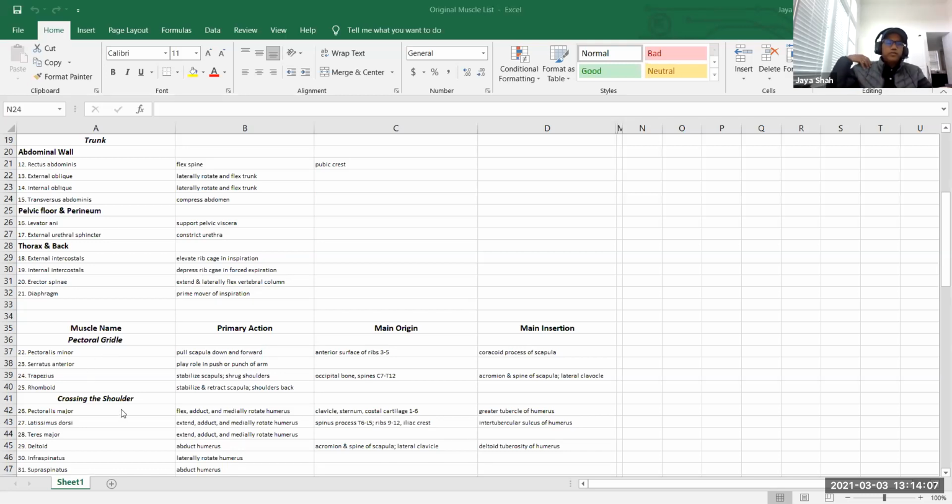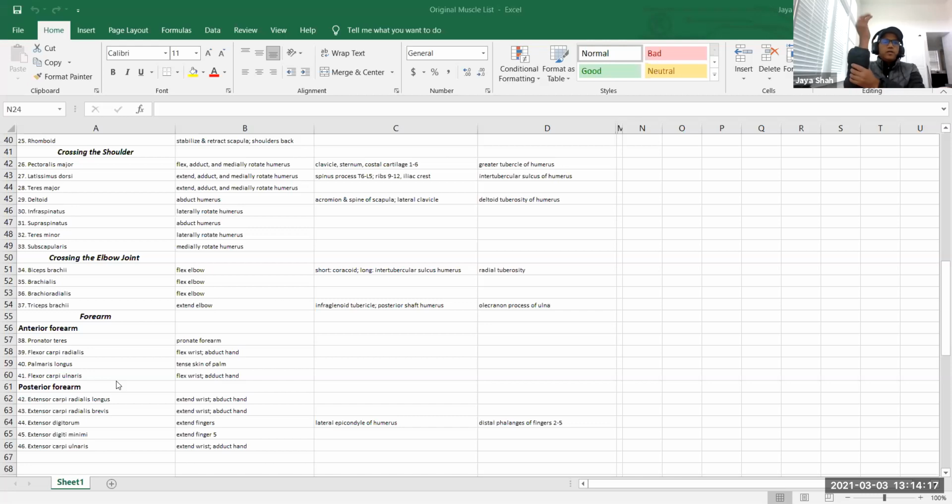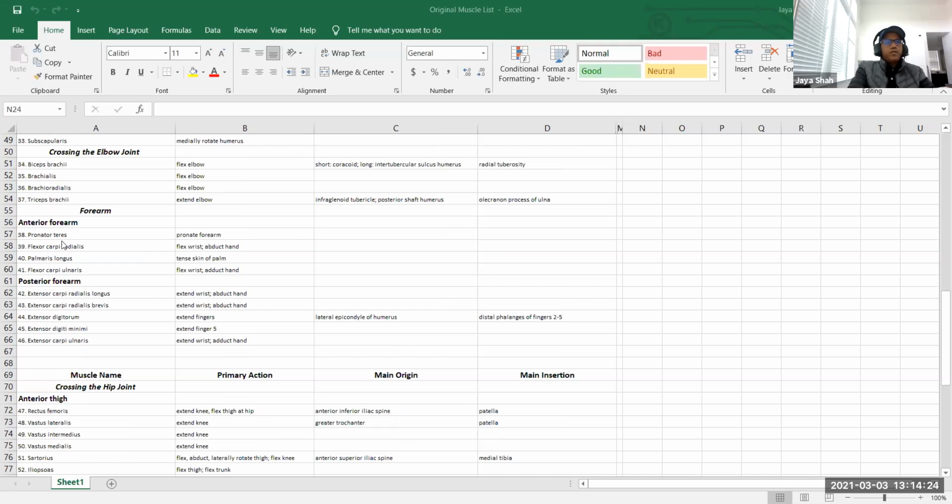Crossing the shoulder joint: which muscles cross the shoulder joint? Here is the list of shoulder joint crossing muscles. Muscles crossing the elbow joint, and the muscles of the arm and forearm. So anterior forearm, posterior forearm, because muscle mass in the arm is more, and in the leg and thigh is more. So it has anterior and posterior muscles.